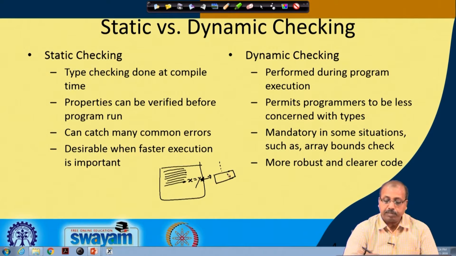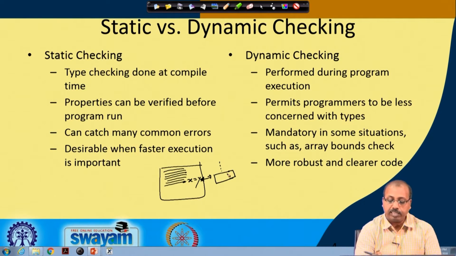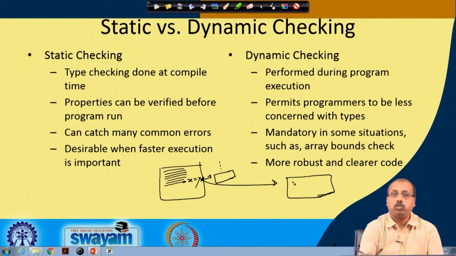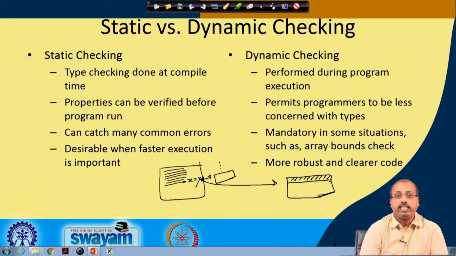But in case of dynamic type checking, when you are generating the code, suppose this is the code. Apart from the assignment of y to x, you also have to have the code where the type checking will be done. So, you should have some code here which will be doing the type checking. That way it becomes costly in the dynamic checking philosophy.